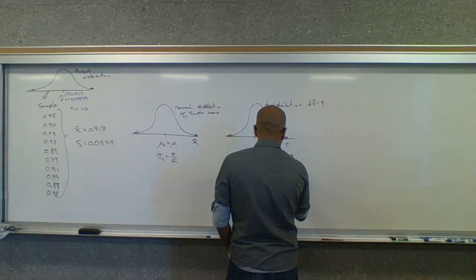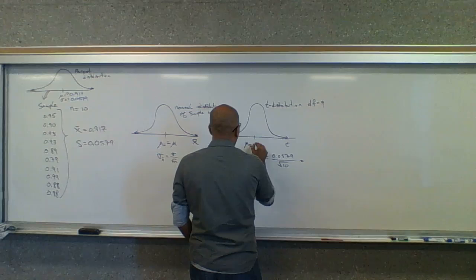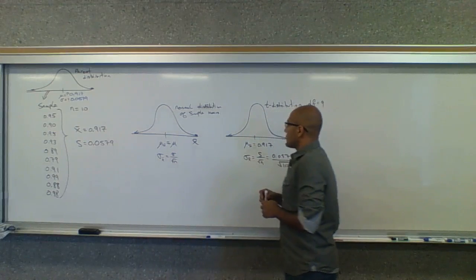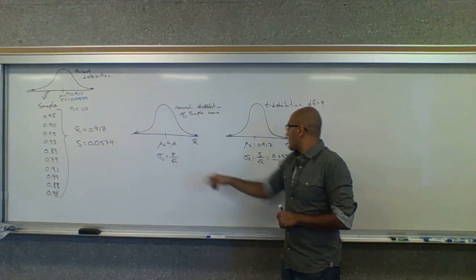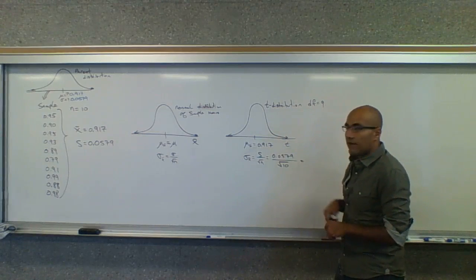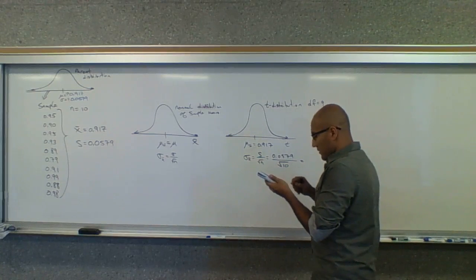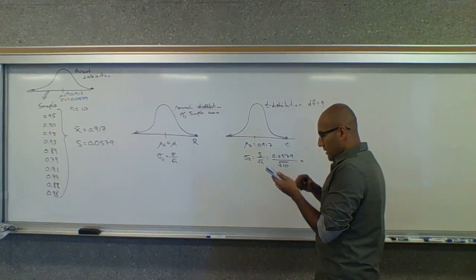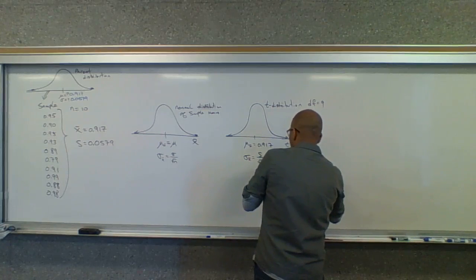And mu sub x bar, we're still guessing it's pretty close to 0.917. So it's still centered in the same place. But here, sigma becomes s, and so we divide it by the square root of 10. And what do we get? 0.0579 divided by 10 to the 0.5 power. 0.01831.